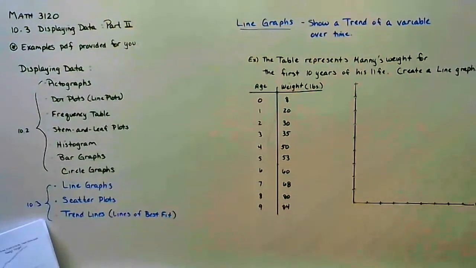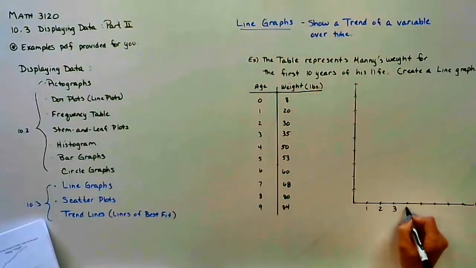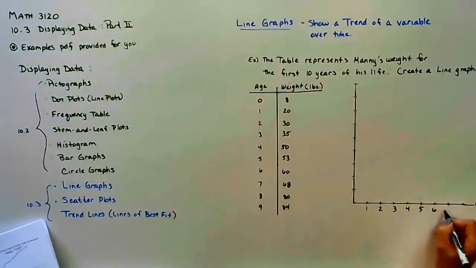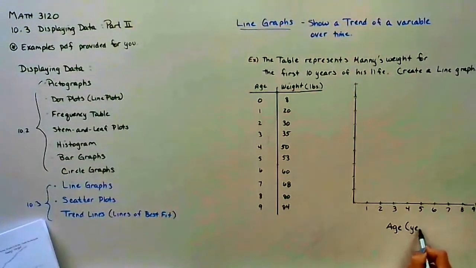So as mentioned, down here we talked about this is Manny's age, 1, 2, 3, 4. So here's age measured in years versus months, for example. And then up the vertical axis is our weight.